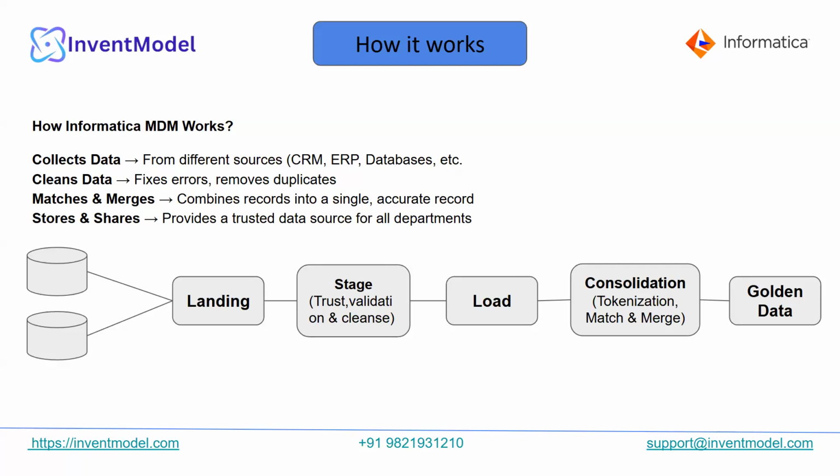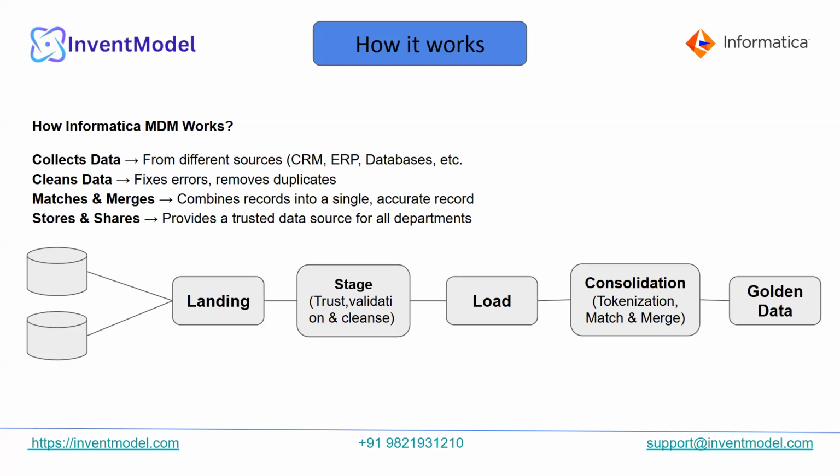So here we have the short process of how the MDM performs data loading into the golden data, right? In the first two databases, it denotes that we have heterogeneous sources, be it a database, a flat file, or any other source.